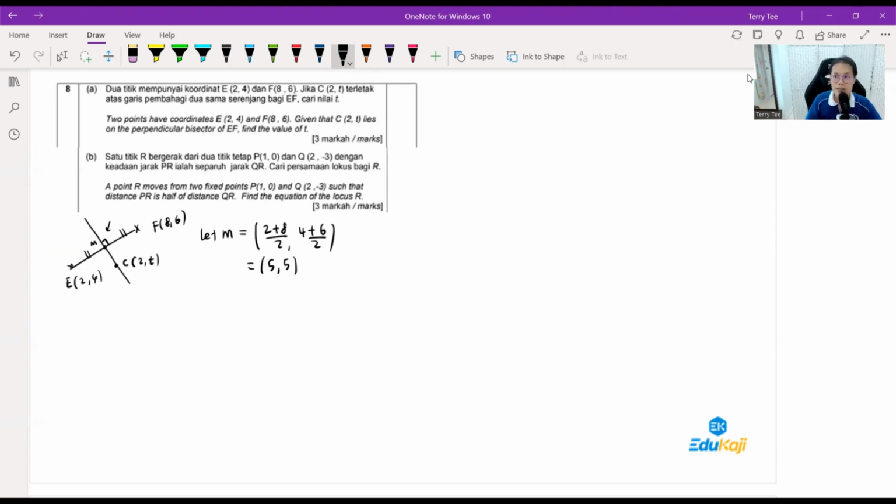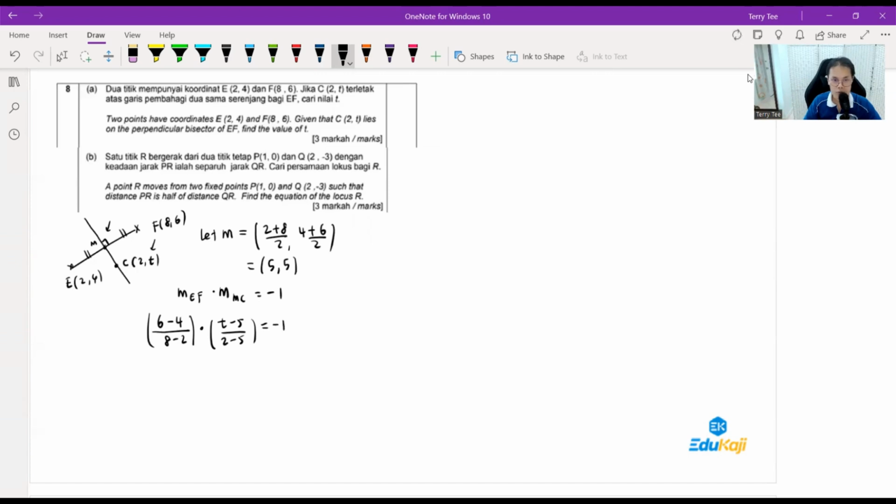Next, we take the gradient of EF and multiply it with the gradient of CM or MC. The result must be -1. So for EF, we take y2 minus y1 over x2 minus x1, multiplied with MC, which is t minus 5 over 2 minus 5. You can do it the other way around, also can.